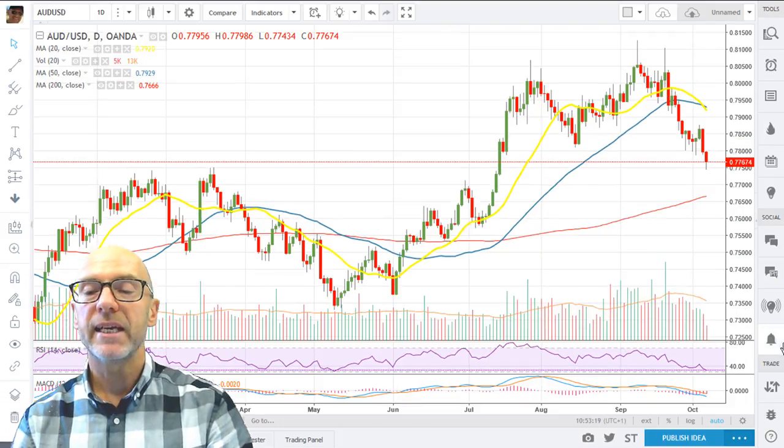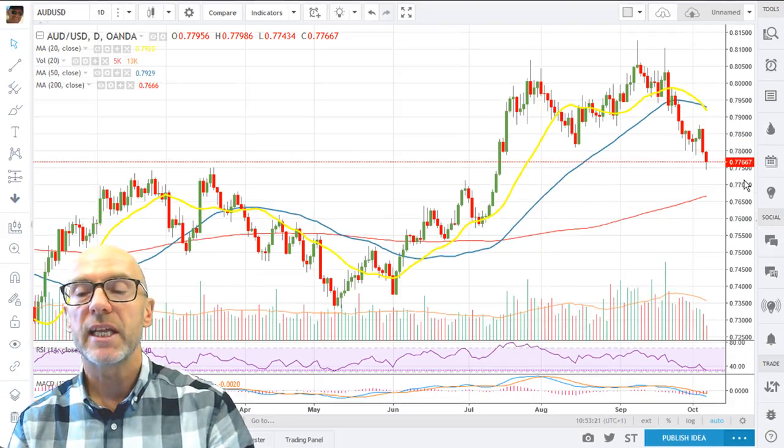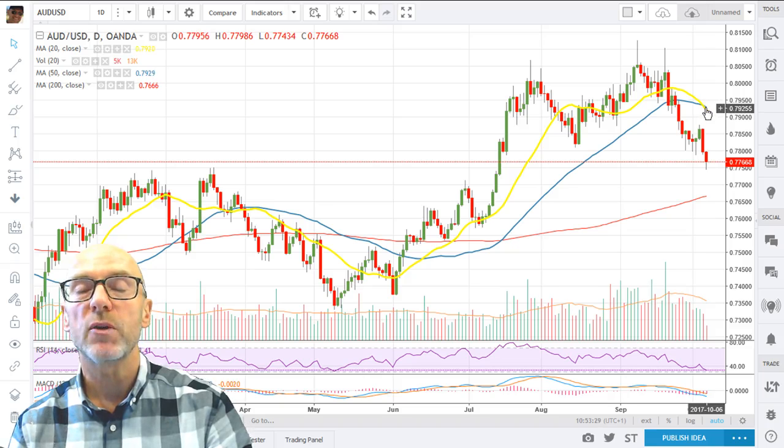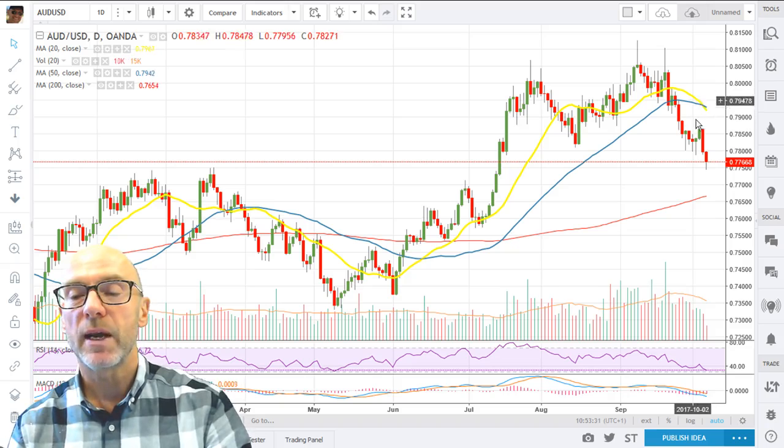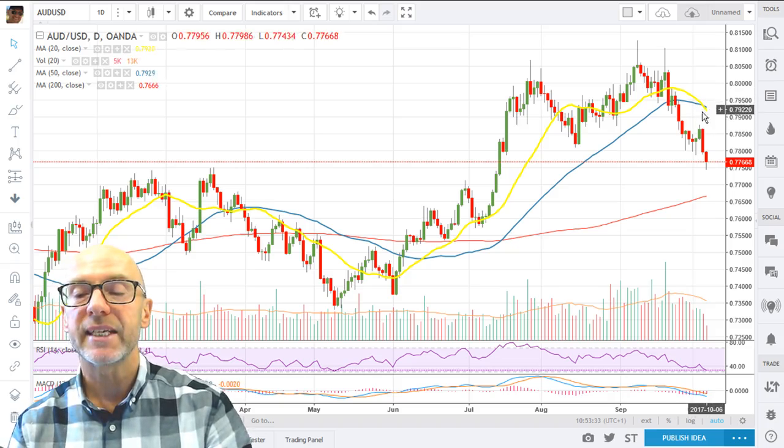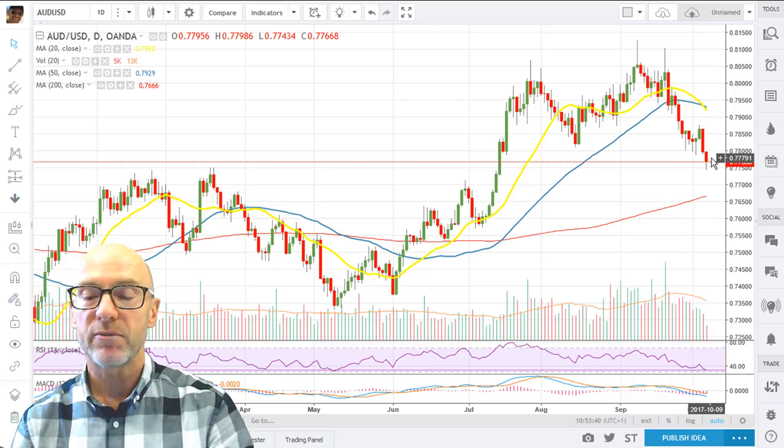On the daily, each candle represents 1 day's trade. You can see that the 20-day moving average has just crossed below the 50. That's a bearish cross and is a negative for the market, but we are slightly overextended away from those moving averages.